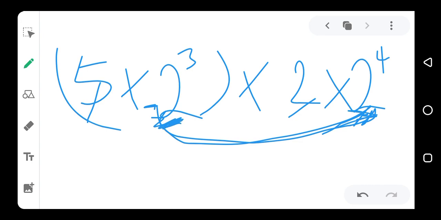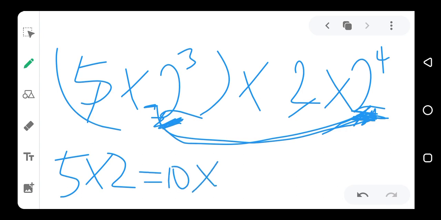Now, since we have the same base, we can add their powers together. So we now have 5 times 2, which is 10, then times one of the bases, which is 2, then 2 raised to power 3 plus 4, which will give us 10 times 2 raised to power 7.